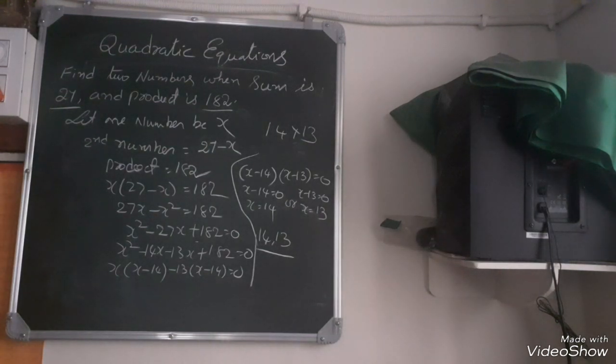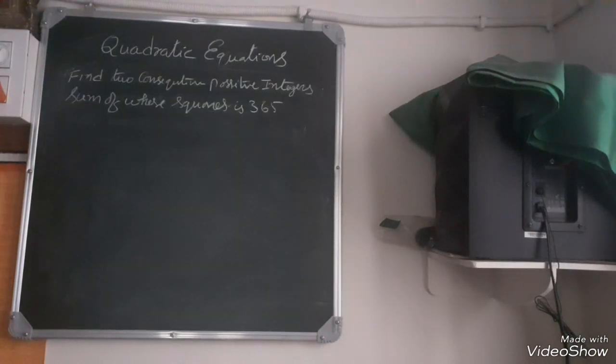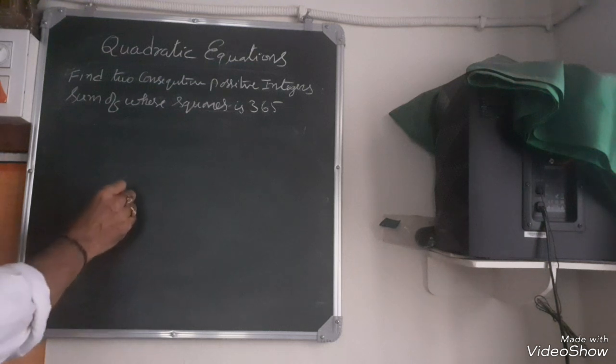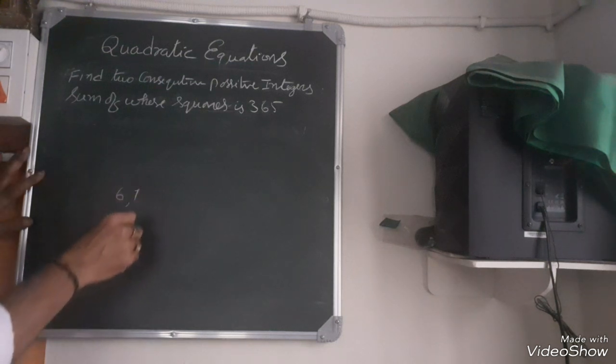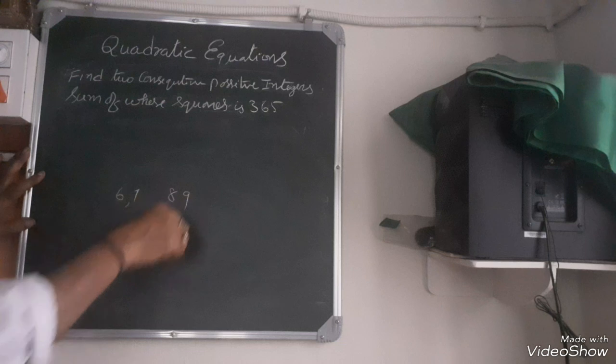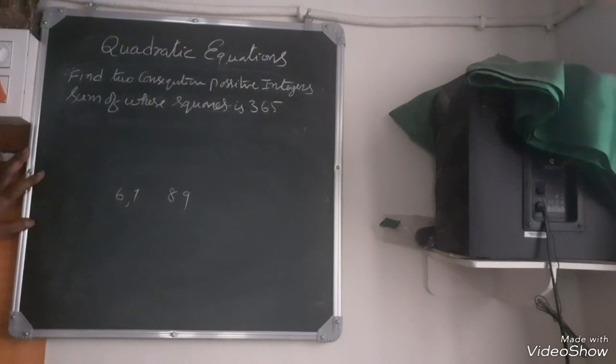Next one. Next sum: find two consecutive positive integers such that the sum of their squares is 365. Here consecutive integers, positive integers, like 6, 7, 8, 9. అంటే వరుస నంబర్లు అన్నమాట.